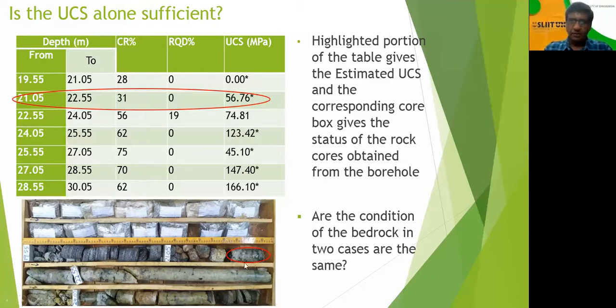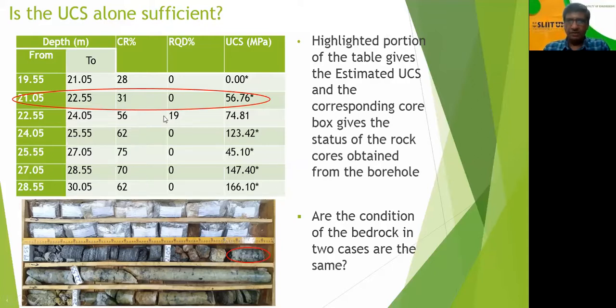If you test this solid rock core, still of course using the empirical correlations, you can obtain about 56.76 of the UCS value, estimated value. But if you want, you could have actually tested this value. Of course, here it is slightly lower.